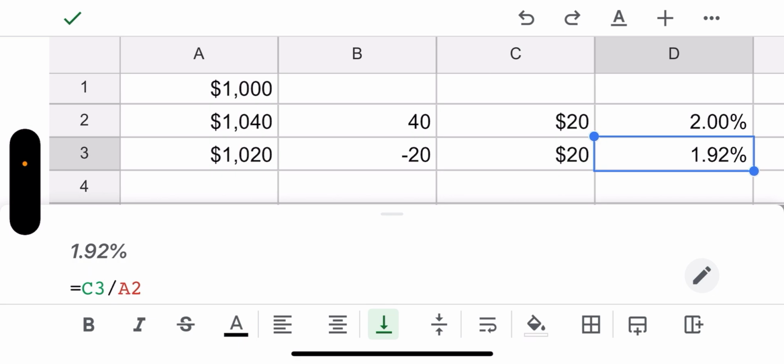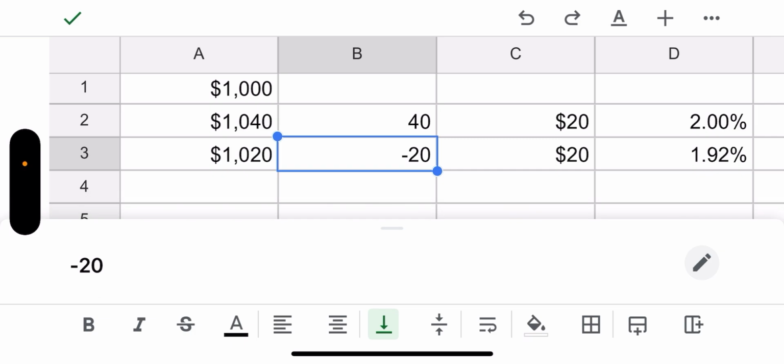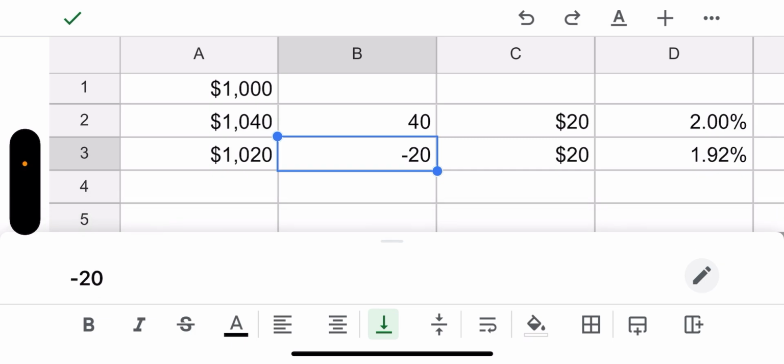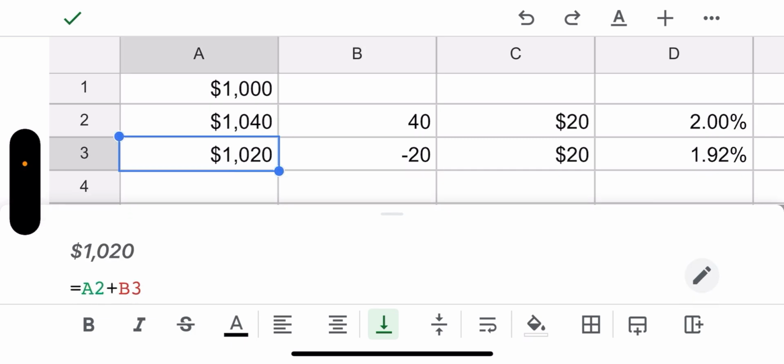And so we risked that $20 and we lost it all on that second day of trading. And our account lost the $20 and went back to 1,020. So that represents our week. Now, that means in 1 week, we made $20 on a principal of $1,000.